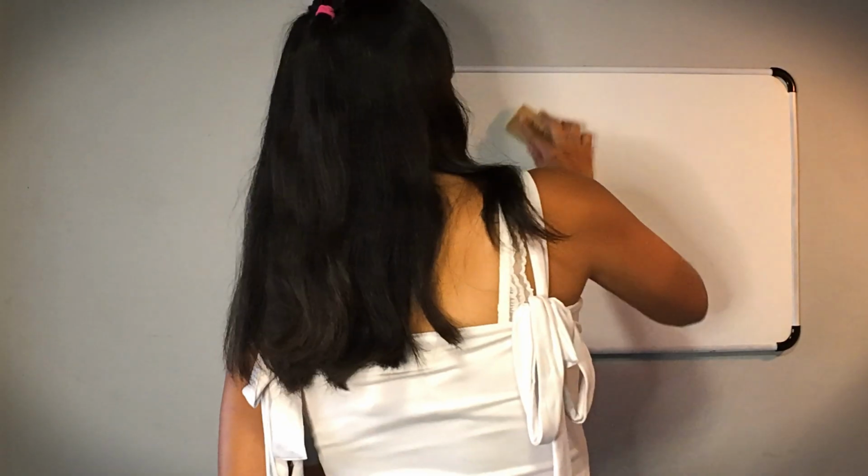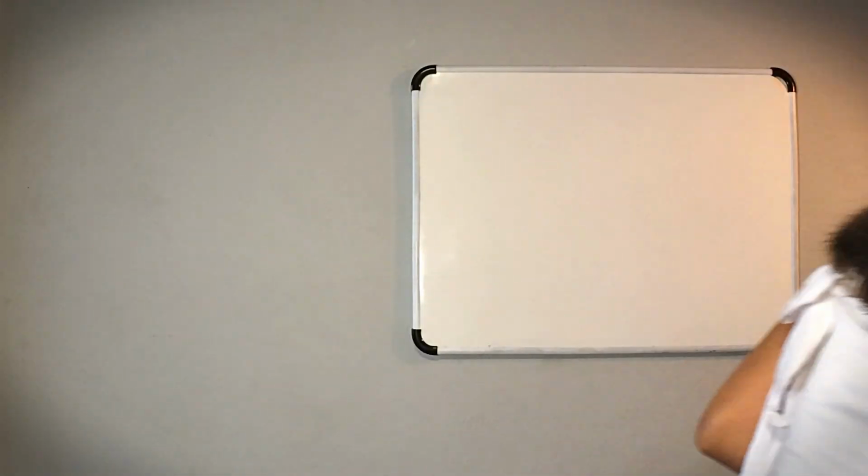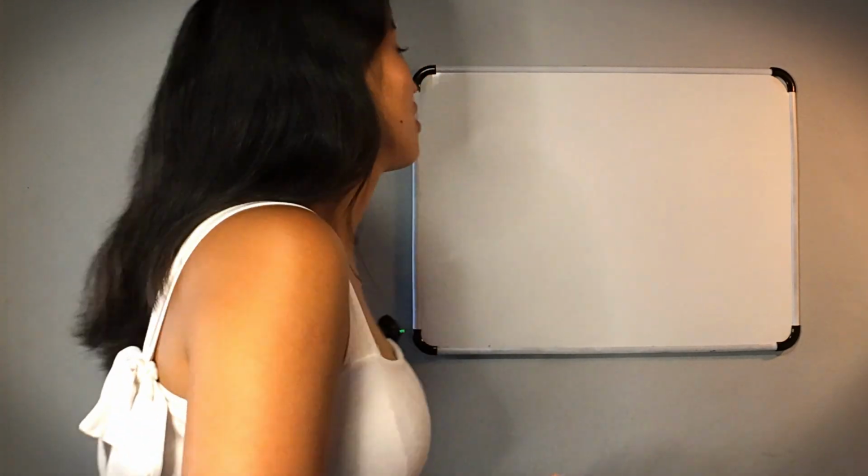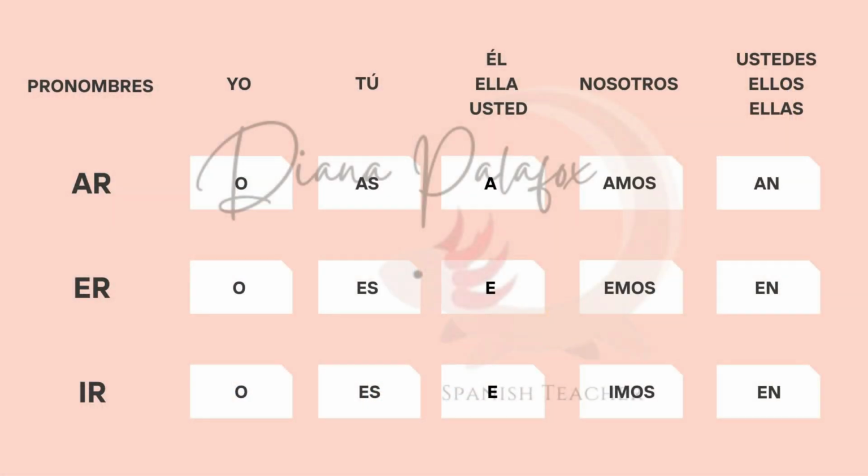Perfect. Now, we are gonna remember the endings we checked in the other video to create the present. So we have the endings for the verbs that end with AR, the endings for the verbs with ER, and the last one, IR.